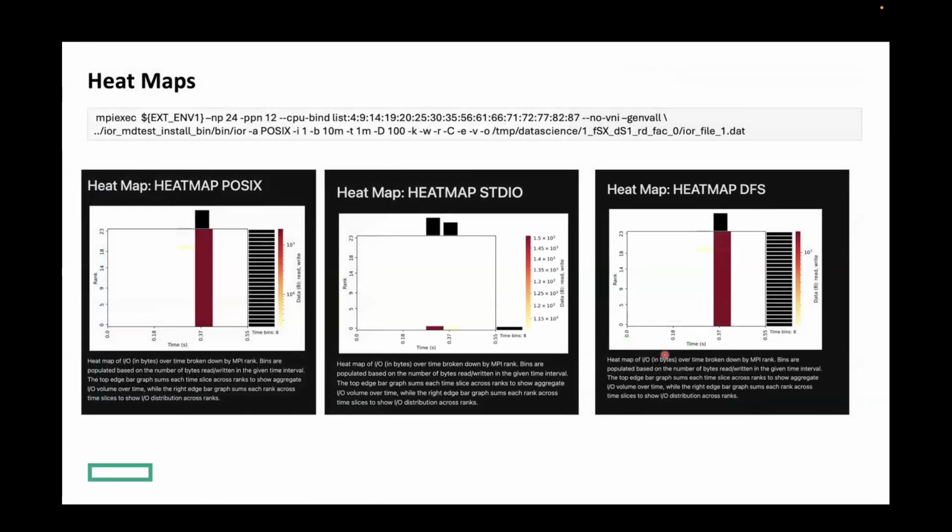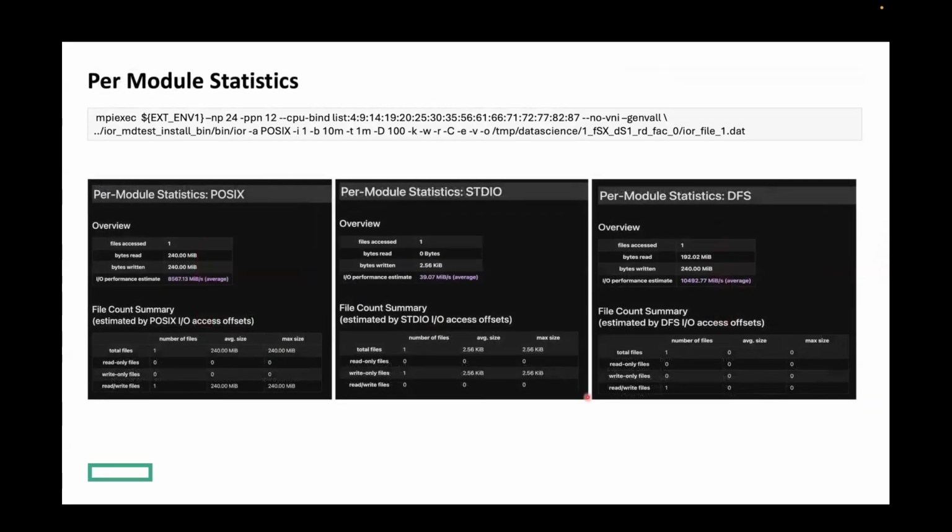And we also have different heat maps that you can get from the profiling for POSIX, stdio, and DFS, and several other per module statistics on read, write, access, bytes written, and so on.